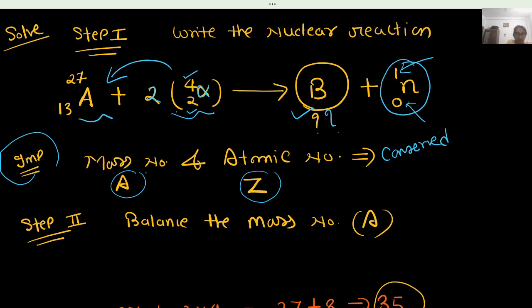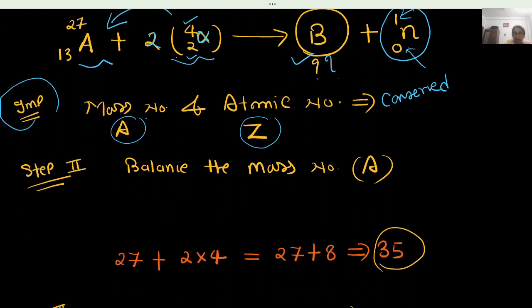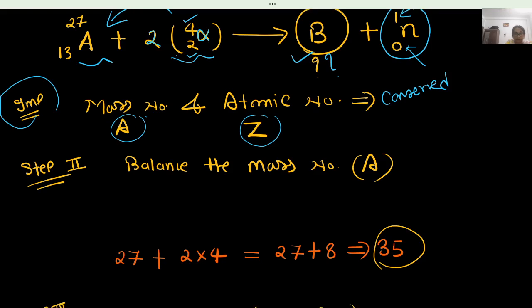Applying this rule on this reaction, we calculate the mass number and atomic number, that is, balance the mass number and balance the atomic number.